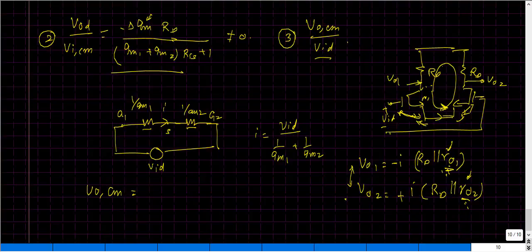Even though they have opposite polarities because of the differential inputs, still the difference in value will appear here, and that leads to a non-zero value across this VOCM divided by VID.